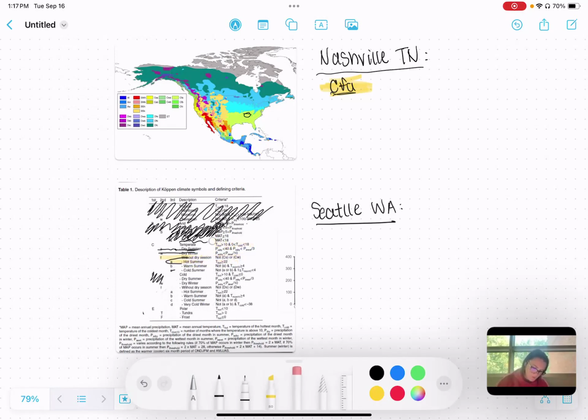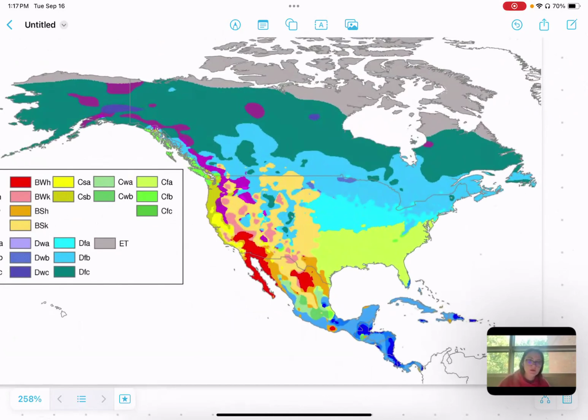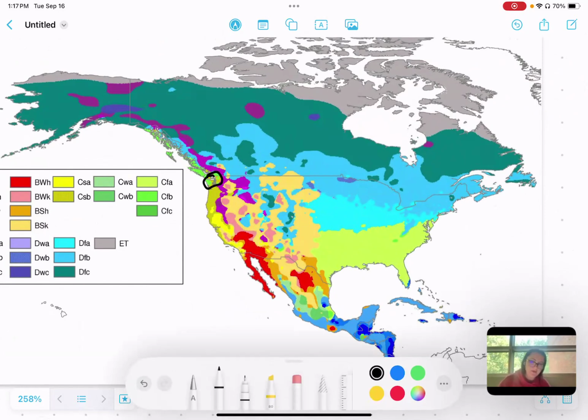Okay, we're now going to move on to Seattle, Washington. This one's a little less cookie cutter to figure out by the map. Let's zoom in about where Seattle, Washington is. It is somewhere up here in the corner of Washington. There are basically three different Köppen-Geiger classifications falling within there.